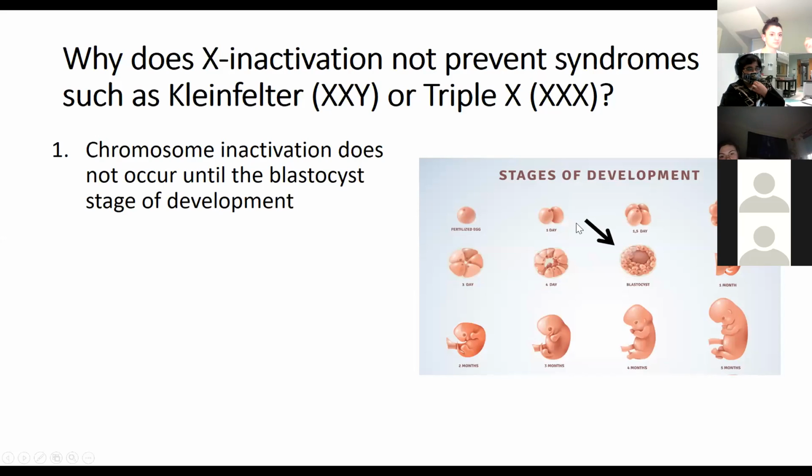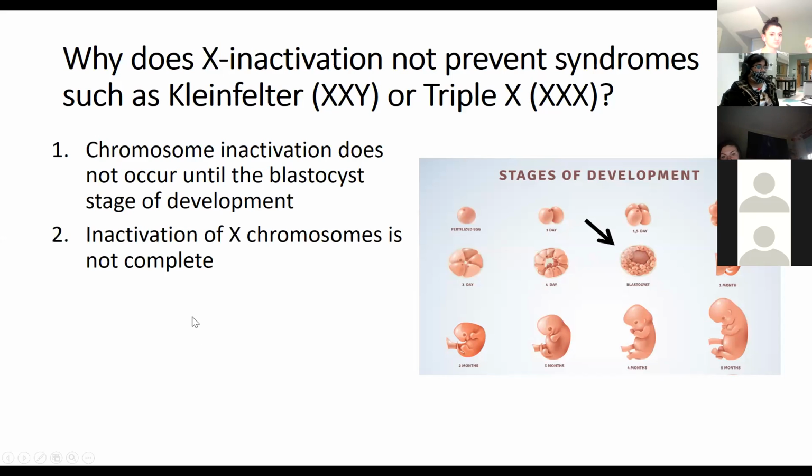So there are approximately this many stages before you get to the blastocyst stage. This means that the inactivation itself is not entirely complete. And this is what I said earlier with the 15% of genes escaping, because since it's only starting at this stage, they could already be expressing things within this area and escape that inactivation process.